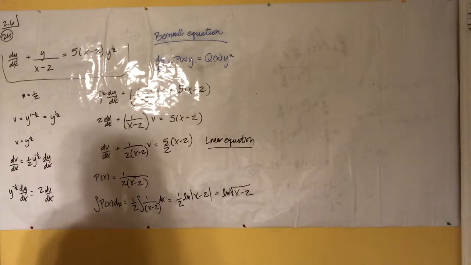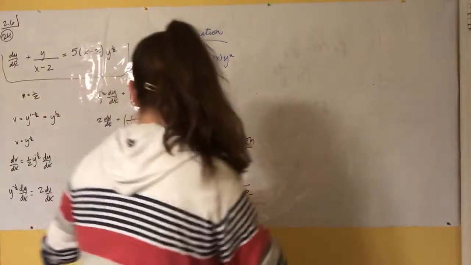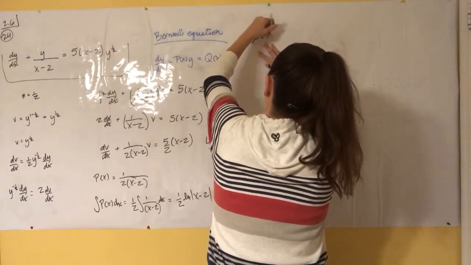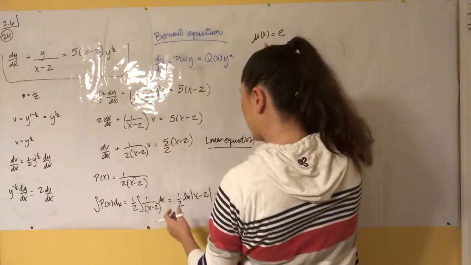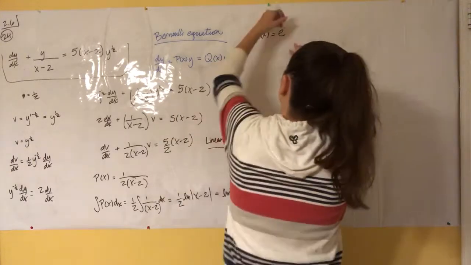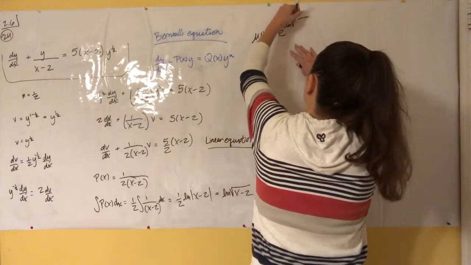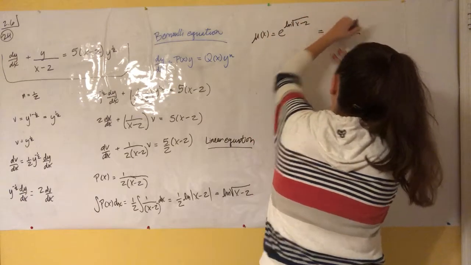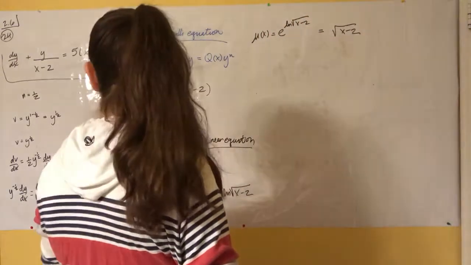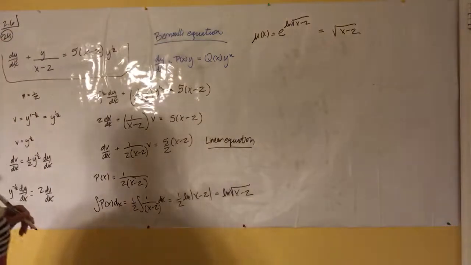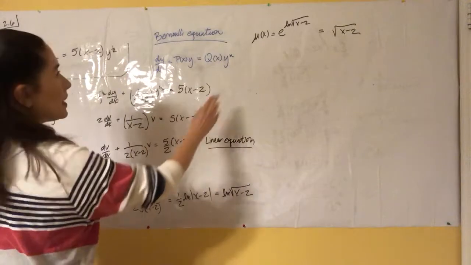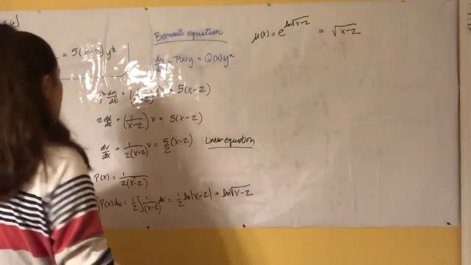And then the integrating factor u of x is going to be e to the power of this, e to the ln square root x minus 2, and that's just going to be square root x minus 2. So you take that and you multiply all of this linear equation by your integrating factor.